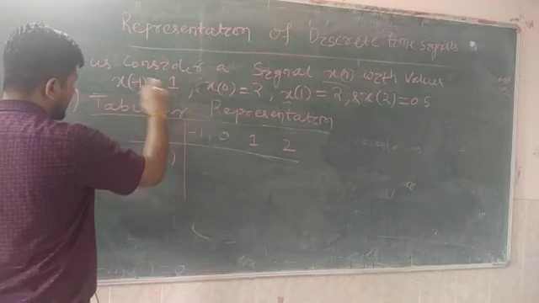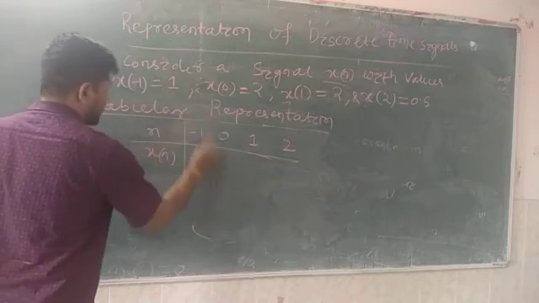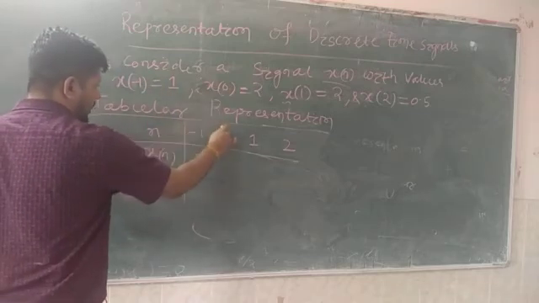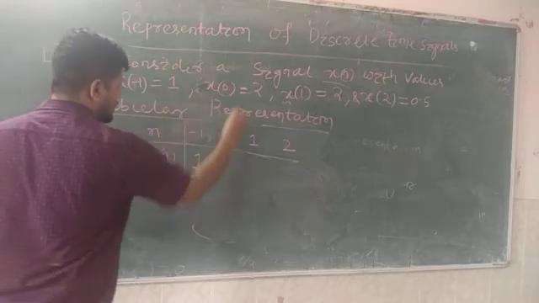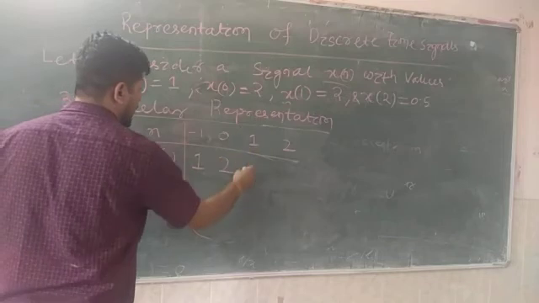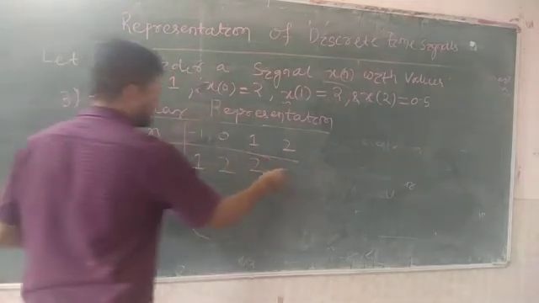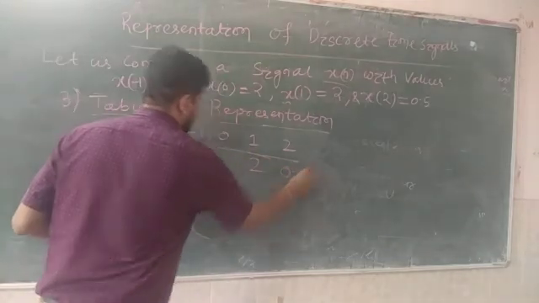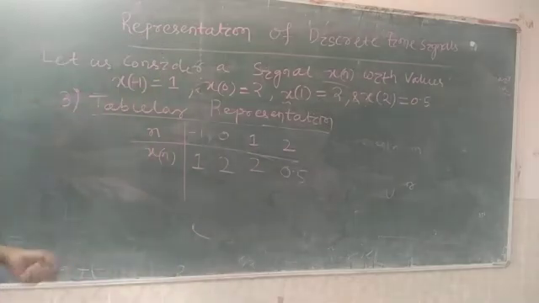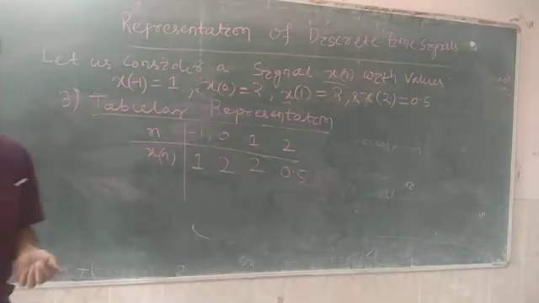For -1, x n value is 1. When time is 0, x n is 2. When time is 1, x n value is again 2. When time is 2, x n value is 0.5. This is a very simple representation, your tabular representation.